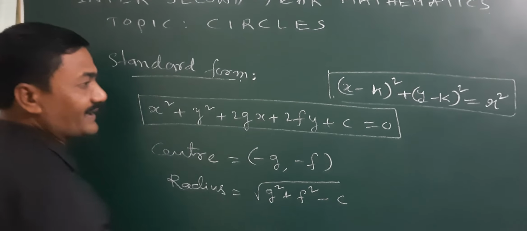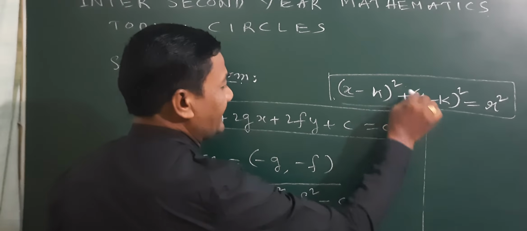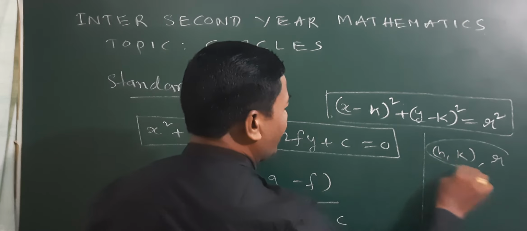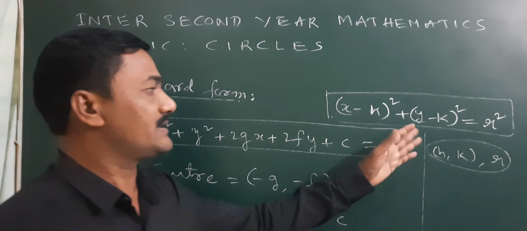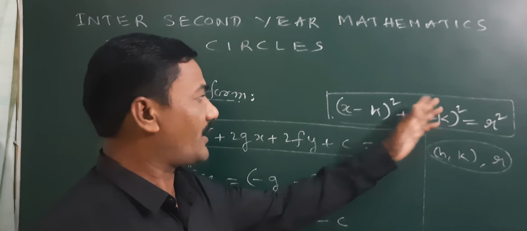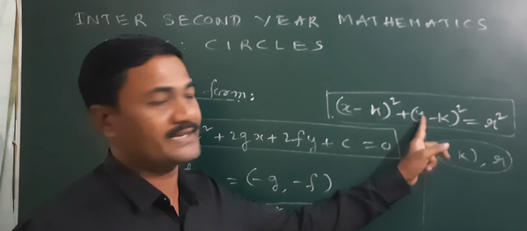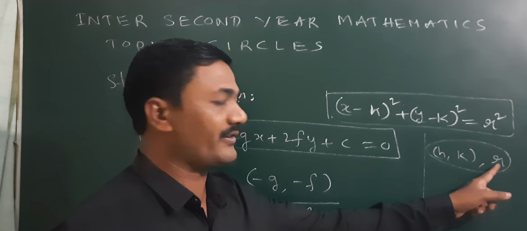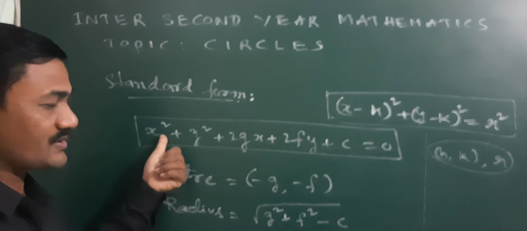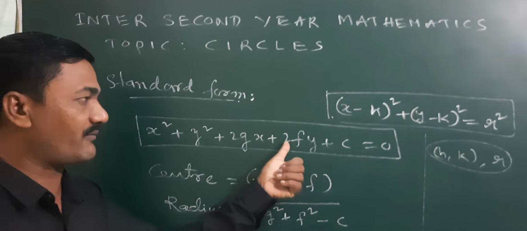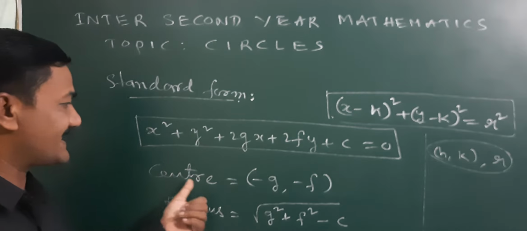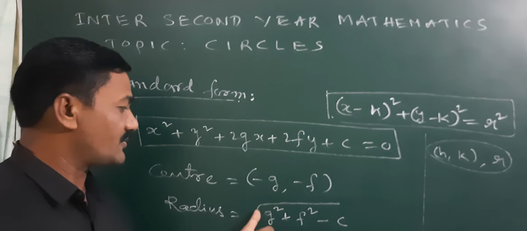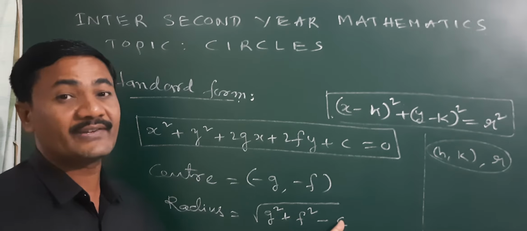In the first form, the center is (h, k) and the radius is r, and the equation is (x minus h) whole square plus (y minus k) whole square is equal to r square. The other form is x square plus y square plus 2gx plus 2fy plus c is equal to 0, whose center is (minus g, minus f) and radius is root over g square plus f square minus c.